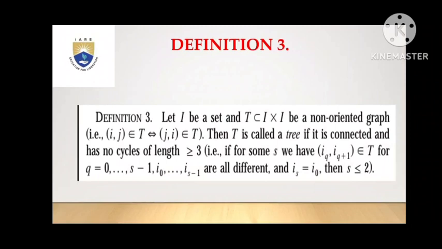That is, i, j belongs to T implies j, i belongs to T. Then T is called a tree if it is connected and has no cycles of length greater than or equal to 3. That is, if for some s we have i_q, i_q+1 belongs to T for q equals 0 up to s minus 1, i_0 up to i_s minus 1 are all different, and i_s is equal to i_0, then s is less than or equal to 2.